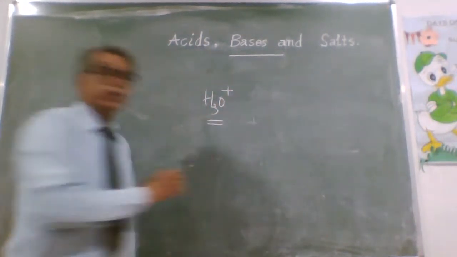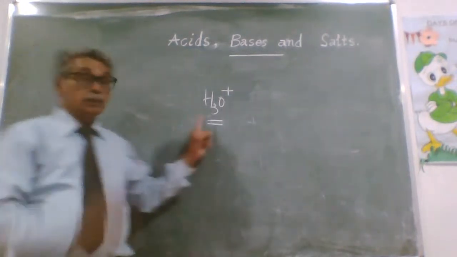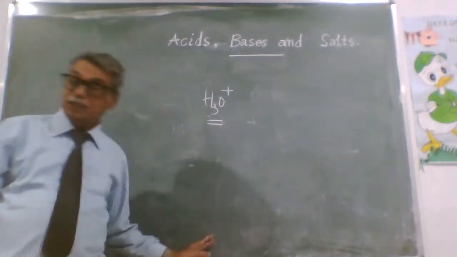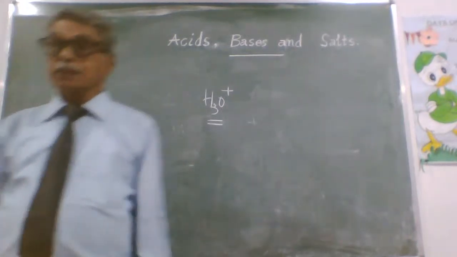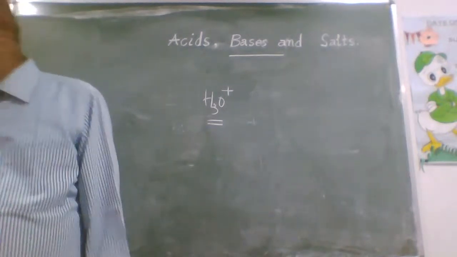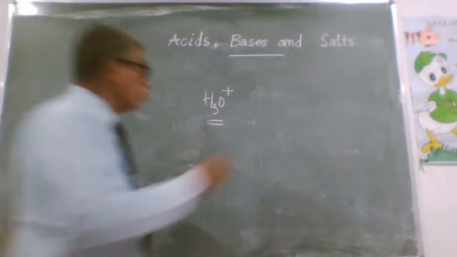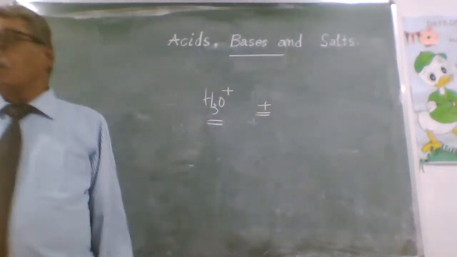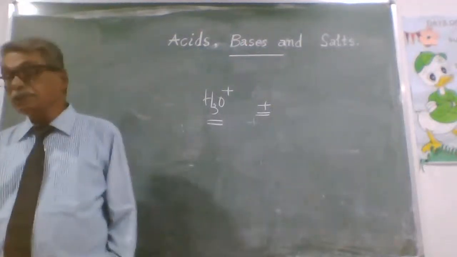So, in the actual definition of acid, we should say hydronium ion and not hydrogen ion. But in practice, we will be using H plus, hydrogen ion. The acids are substances or compounds which contain, when dissolved in water, hydronium ions in solution as the only positively charged ion. Are you able to get it, children?